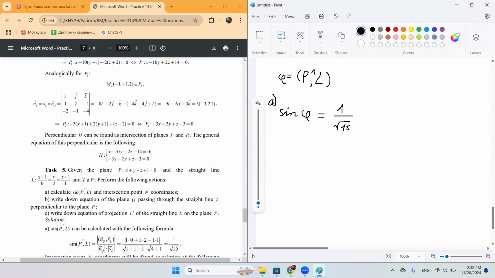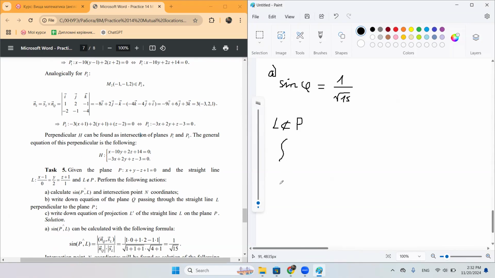Then we need to find the intersection point and its coordinates. L doesn't belong to P, so this is not the correct symbol, it must be like that, but that's not critical. So we need to find the intersection point and coordinates. Well, let's start solving.